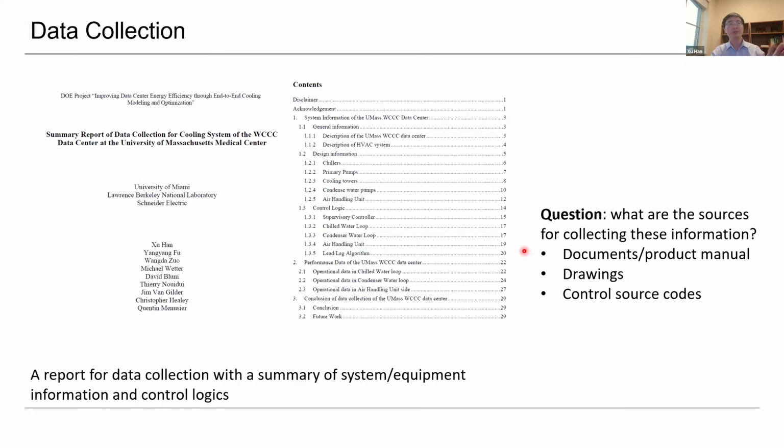I will show you some examples. We also consulted the building operators, because they are the ones who really know the system and control the system configurations. And we also had an on-site visit to do some experiments. For example, we measured their airflow.